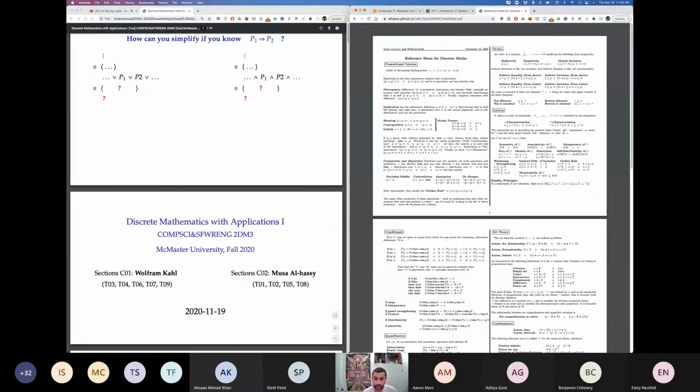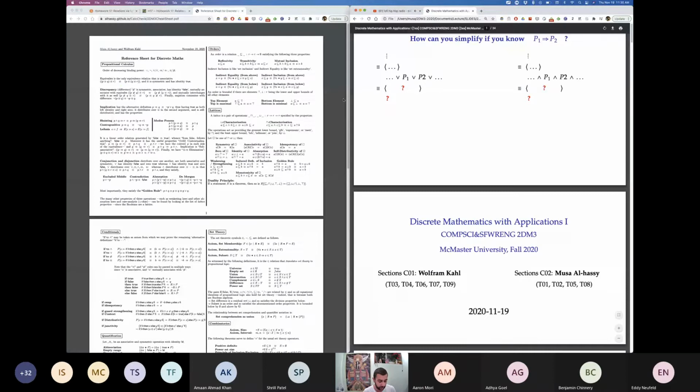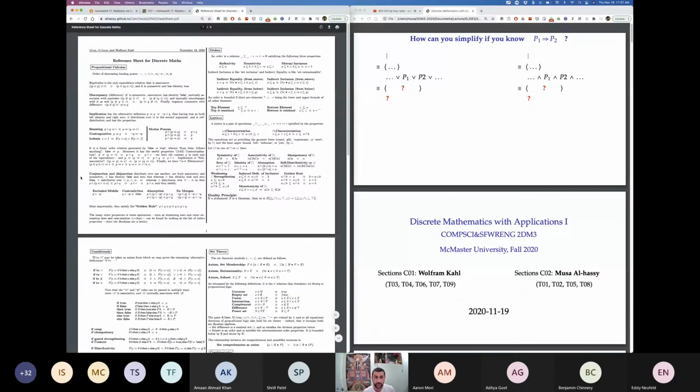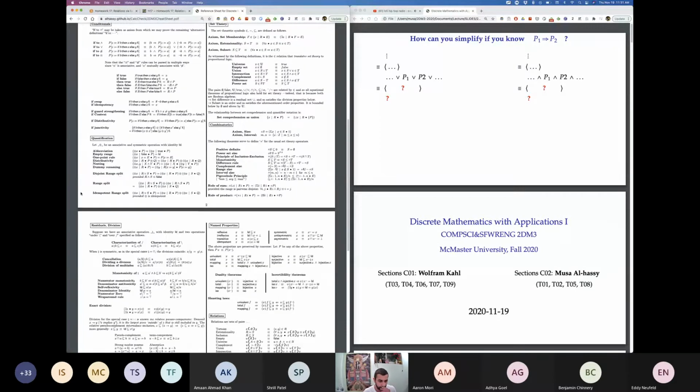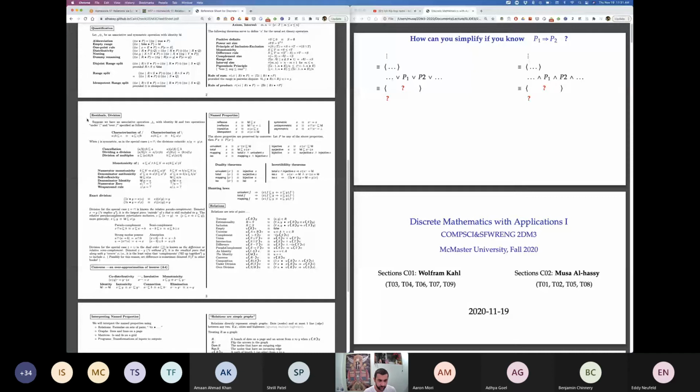Before we get there, I would like to let you know that I've updated the cheat sheet yet again to include a bit more on residuals, just to summarize what you have from assignment 4, and just a bit more on these pseudo and semi-complements, and the fact that they really are just other examples of residuals. So just to point that out.